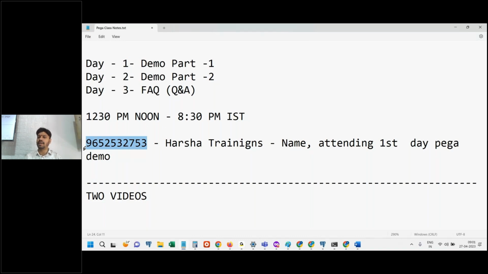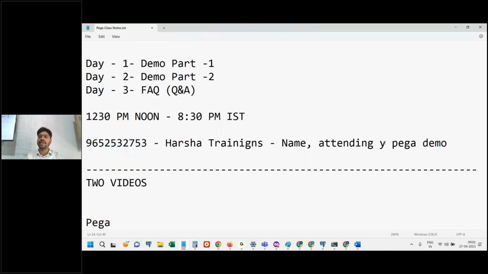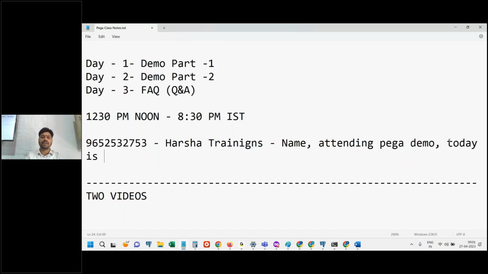Just mention your name, attending PEGA demo, today is my first day. If you mention like this, they will understand that you have missed the last 2 days' sessions. They will share all the necessary information. Clear, everyone? That's what the people who are attending today as a first class need to do.